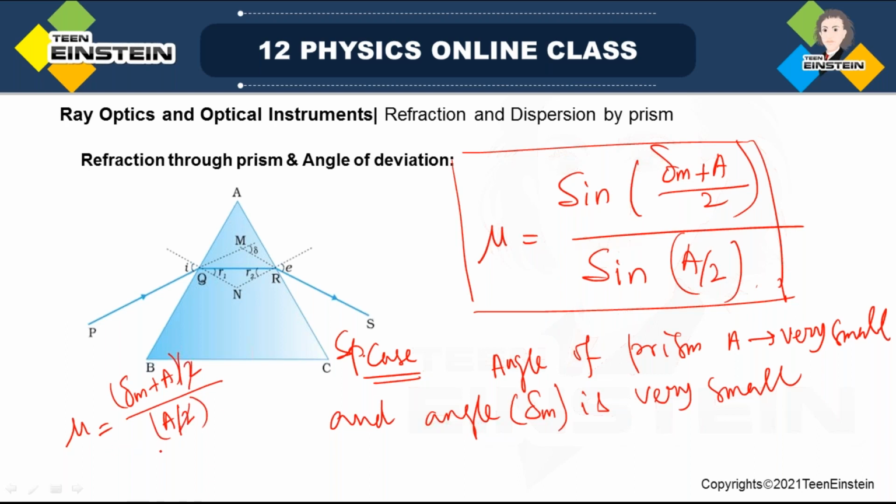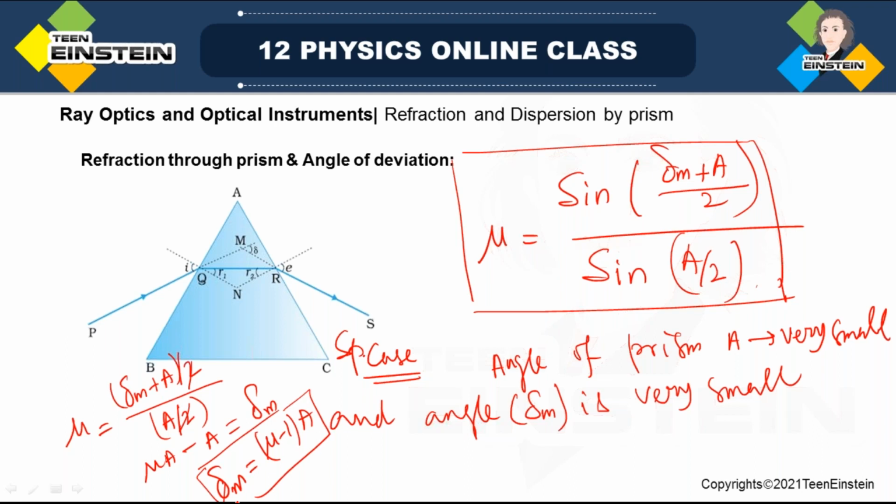The 2 goes off, and if you do the calculation, mu into A minus A is equal to delta m. So from here I can find out the minimum angle of deviation if you know the angle of prism and the refractive index of the medium of the prism.